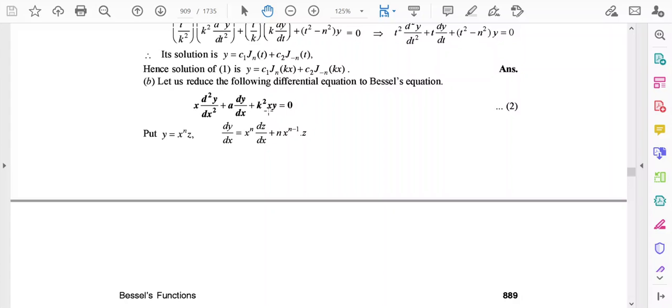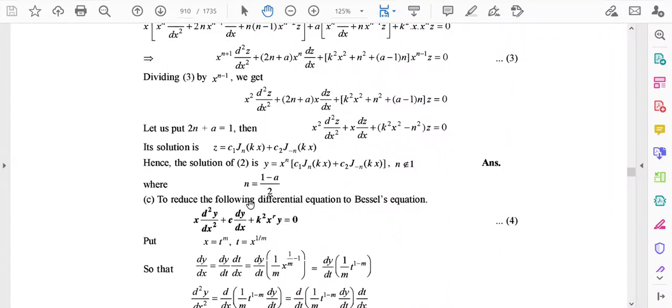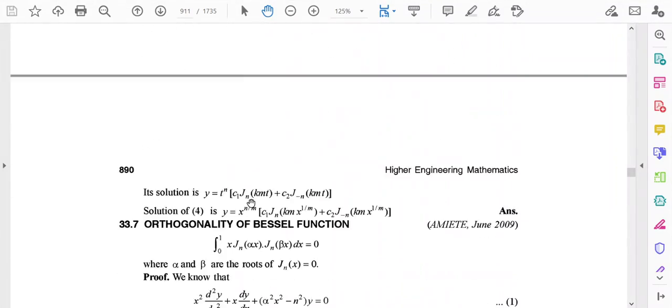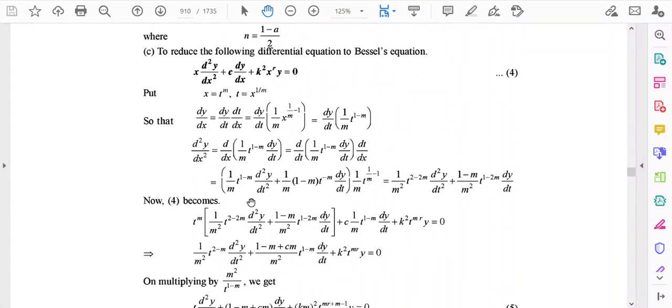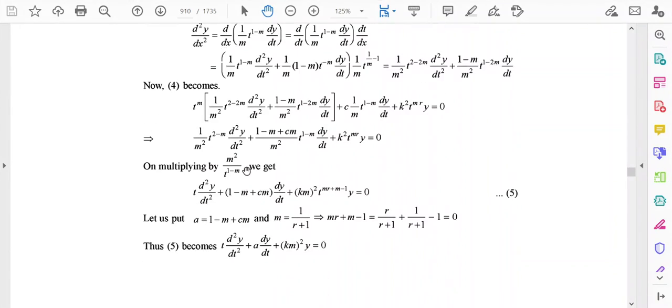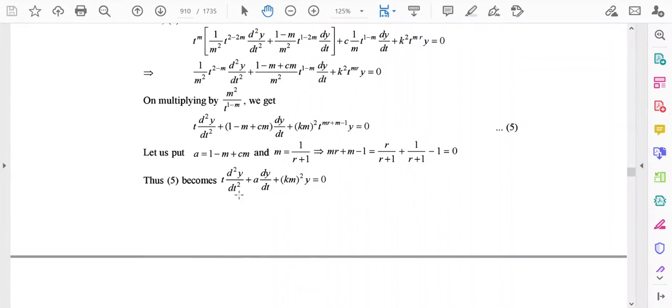Now you see that x is multiplied with y, x means the independent variable. Now as the present differentiation is with respect to t, this independent variable is t, so we have to keep t here. In this book there is some printing mistake, but you have to keep in mind that if you want to compare this equation to the previous equation, then you have to keep t here in this place.